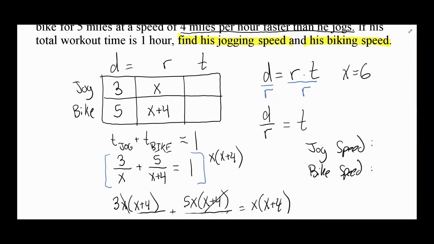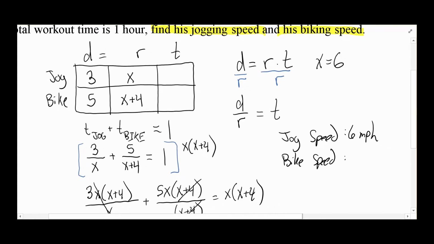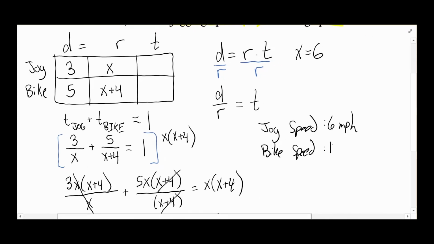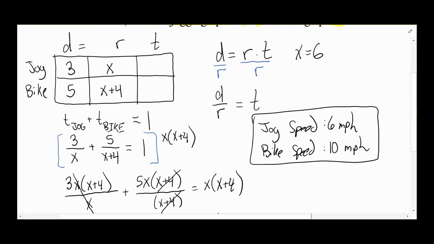Because we can clearly see the label that x is the speed at which we jog. So that's 6 miles per hour. And the rate at which we bike was x plus 4. It was 4 miles per hour more than that. So that would be 10 miles per hour. And that makes it really easy to answer the actual question that's asked of us if we organize our information well.